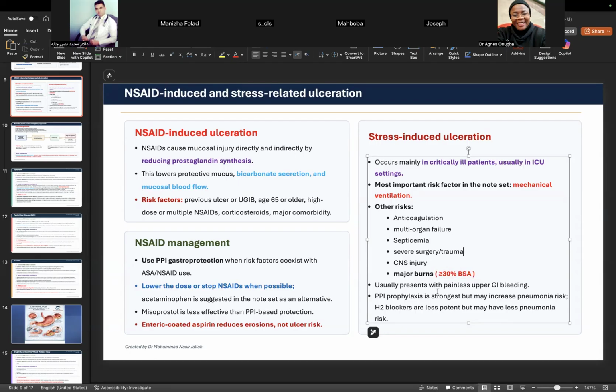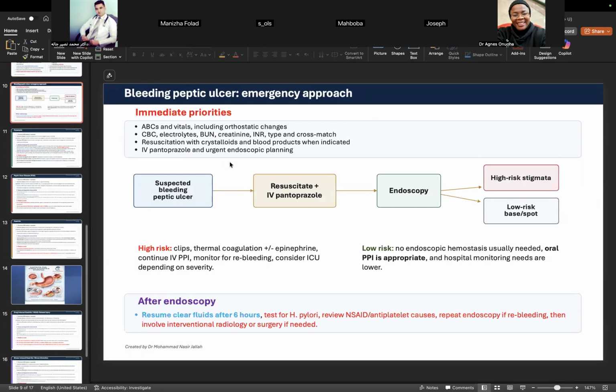Usually presents with a painless upper GI bleeding. PPI prophylaxis is strongest but may increase pneumonia risk. H2 blocker is less potent. So we did talk about this. All right, so for the bleeding peptic ulcer emergency approach, what do we do? ABC, vitals including orthostatic changes, CBC, electrolytes, BUN, creatinine, INR, type and cross-match.